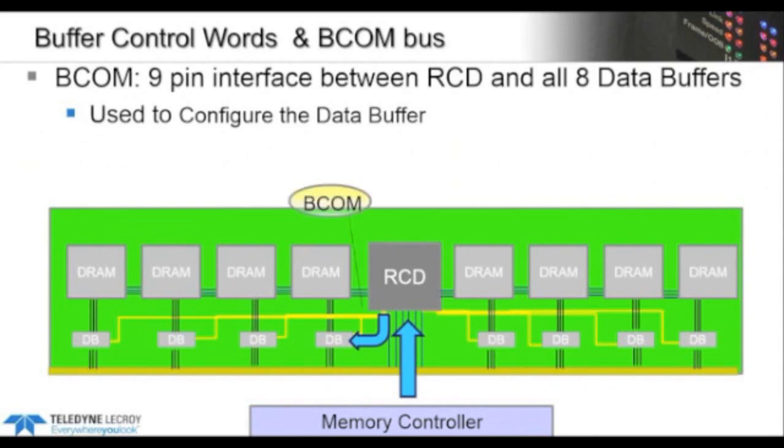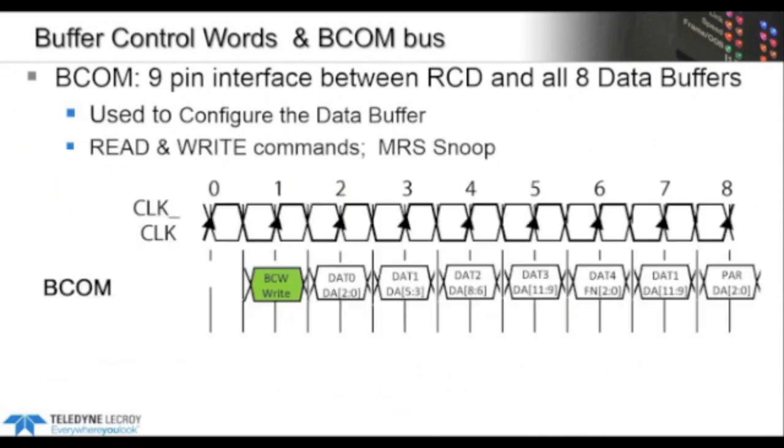It's a 9-pin control bus that connects the register to each data buffer. This is how the buffer commands get to the data buffer. It's only 9 pins, though, so the register can't just pass it through as an MRS7. The register actually has to convert or mux the MRS7 into this BCOM format.